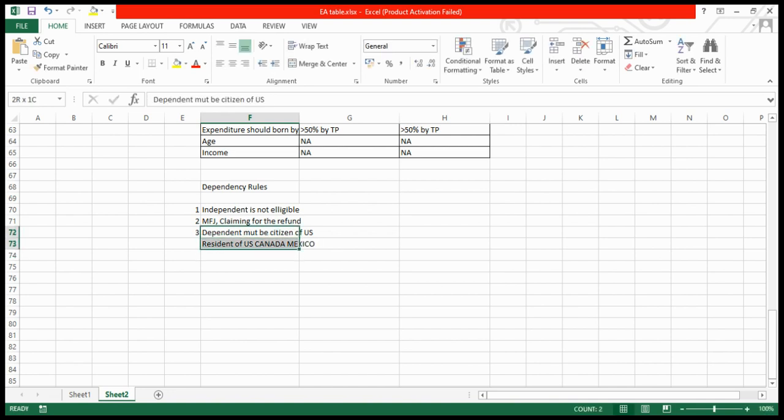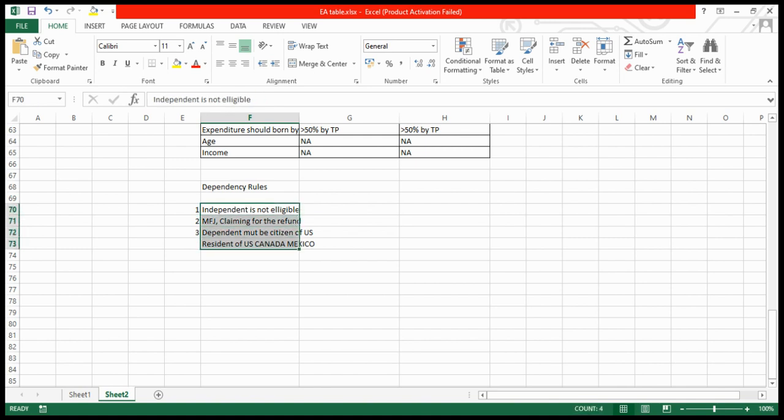Anyone can be part of the dependents. If someone is an Indian citizen, you need not apply any conditions because he is not a US citizen or a resident of the US, Canada, or Mexico. So we can treat them as not eligible for the dependent category. These three main conditions are important.